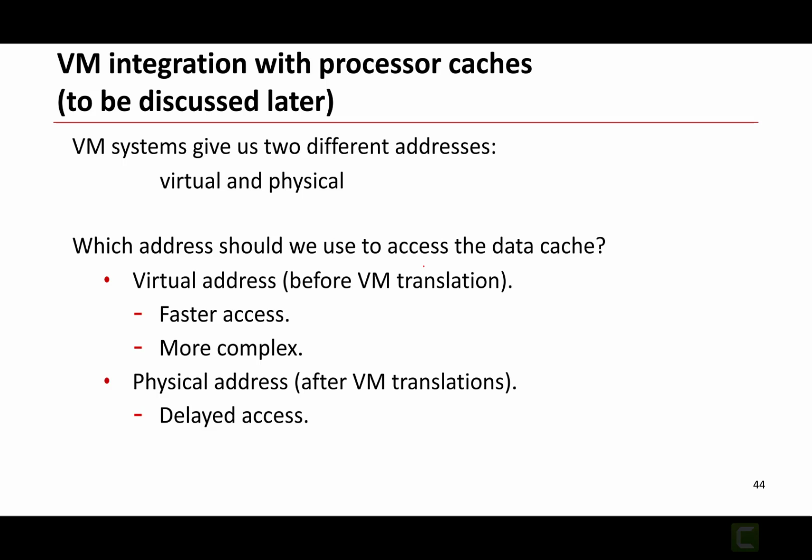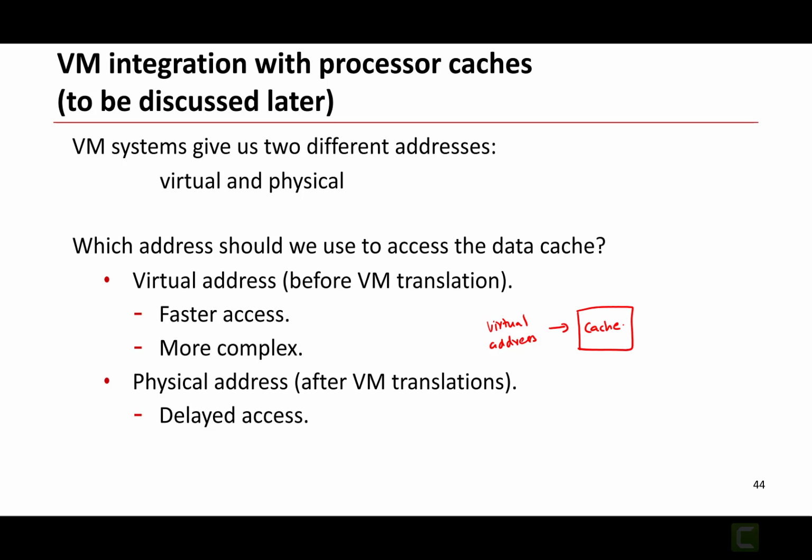So the pipeline executes a load or a store, it computes the virtual address, and that virtual address is then given to the processor's cache, and the cache figures out whether it is present or not by comparing the tags, etc.